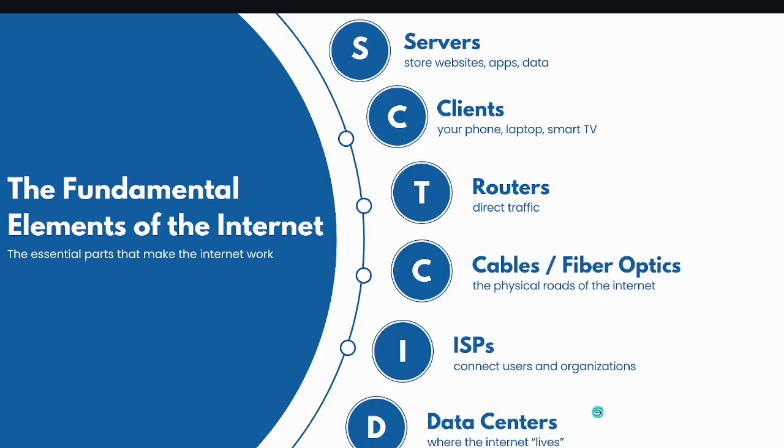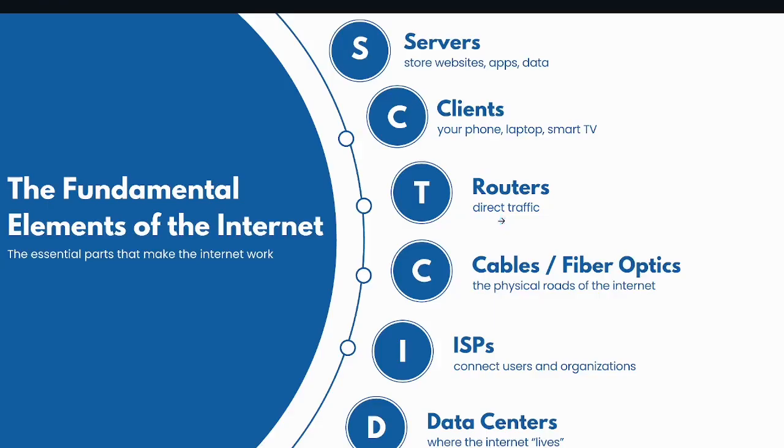You cannot access any information without having a plan provided by these ISPs, right? For example, if you are using Starlink, you must subscribe, and from your subscription you can easily connect to the internet and get your information.